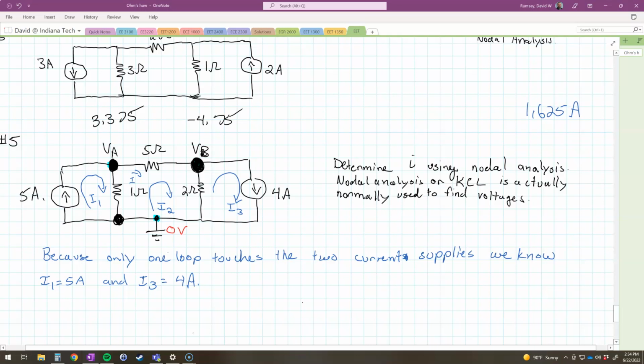Now, why is that a big deal? Well, it will make this loop inside much easier, and we'll see that in a second.